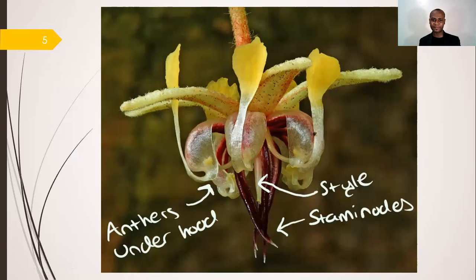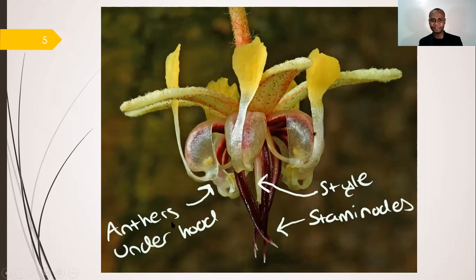Now, if you look at this, this is a very vivid picture which will help you to understand this very well. Earlier I mentioned the staminals. If you can see well, the style is hidden within the staminals, so it's like a covering for the female part of the flower.